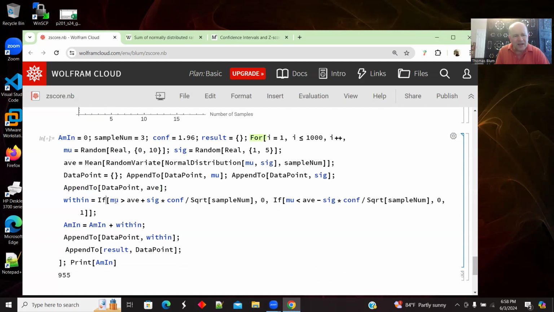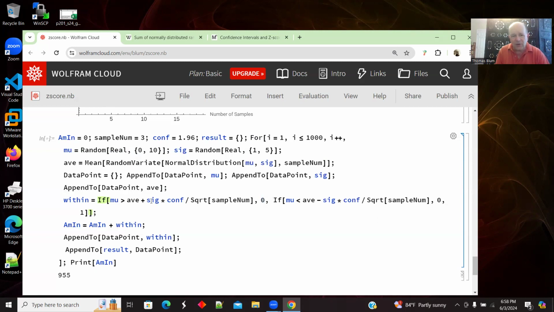So here is if the sample average is greater than my average, in this case over 3 samples, plus the standard deviation times 1.96 divided by the square root of the number of samples, I'm going to say 0. So if it's above the average plus that, then I'm going to say 0. I'm not going to count it. It's outside of my range.